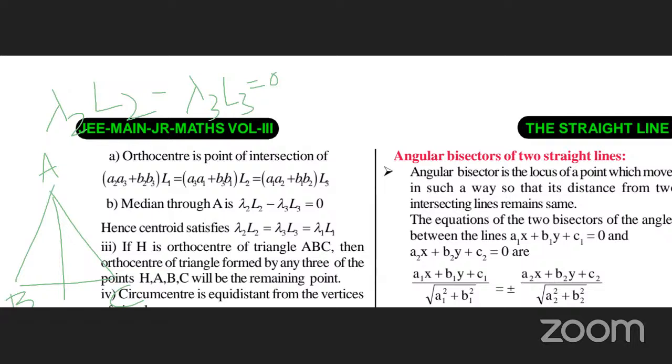The median from A is given by lambda2 L2 minus lambda3 L3 = 0.